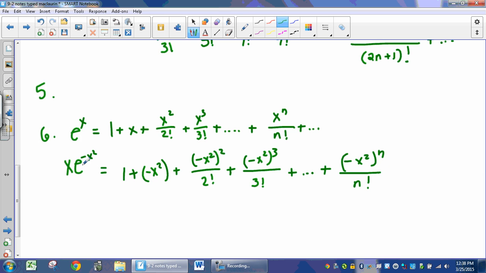So far all I've done is deal with the negative x squared. I replaced x with negative x squared, so all the x's got replaced with negative x squared.